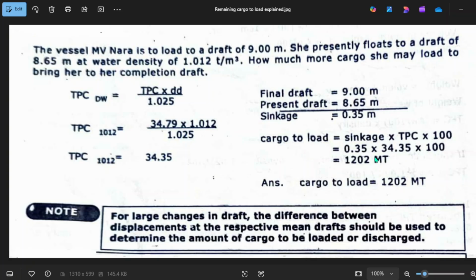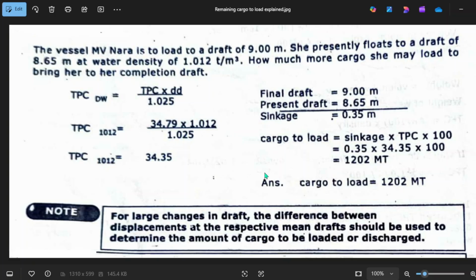This is right. So he says sinkage, which is 35, and TPC, which is 34.35, and times 100. That is total weight of cargo to load is 1,202, and the answer is 1,202. I would say that this is not the correct figure, and I will prove it to you guys.